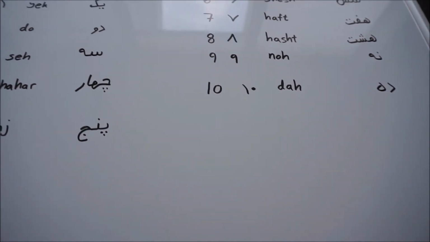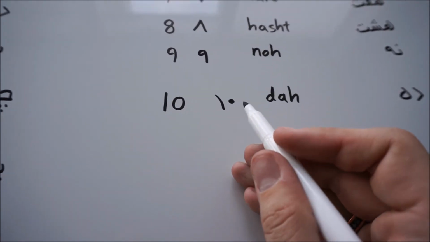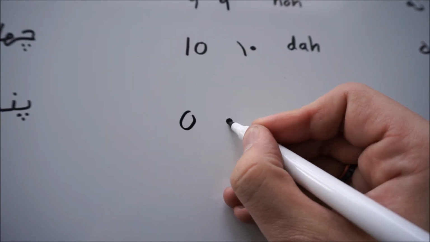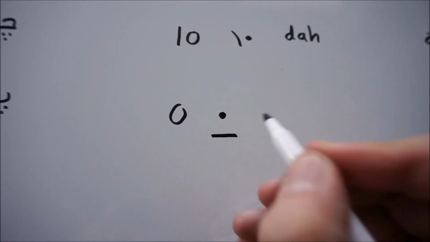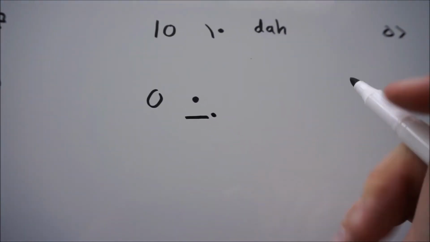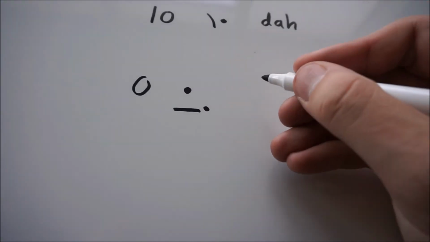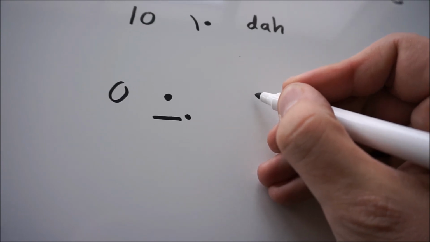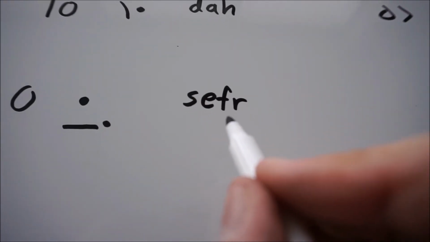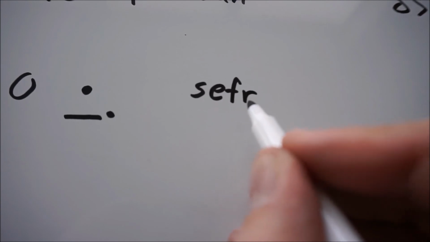But before we go, as a little bonus at the end here, let's cover 0 also, because for number 10 we saw the symbol for 0, and so the symbol for 0 is just this dot, which is, as I said, raised above the line, which differentiates it from a normal full stop. And 0 has a very difficult word, because 0 is called sefr, and it's spelled like this, which puts an F and R right next to each other, so it's a pretty difficult sound to pronounce for English speakers.